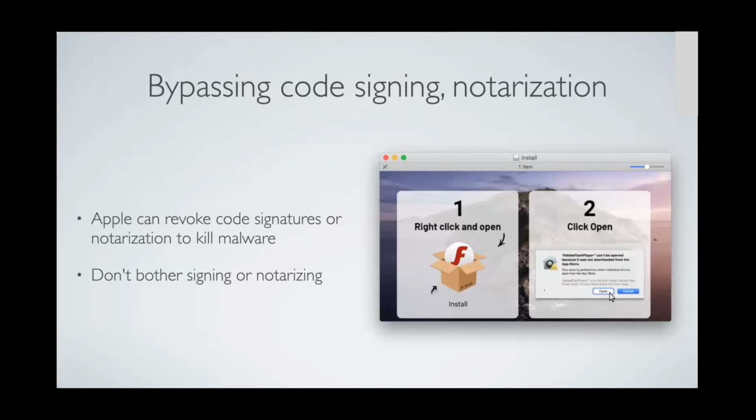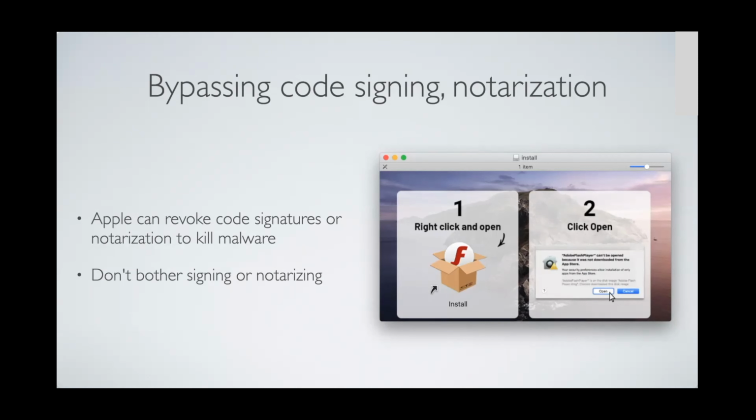You can also bypass code signing and notarization. There are a couple of ways you can do this. The reason you might want to is that Apple can revoke these code signatures and notarization remotely and completely kill your malware. If that happens, your malware is no longer going to run. So a lot of the bad guys don't bother signing and notarizing anymore.